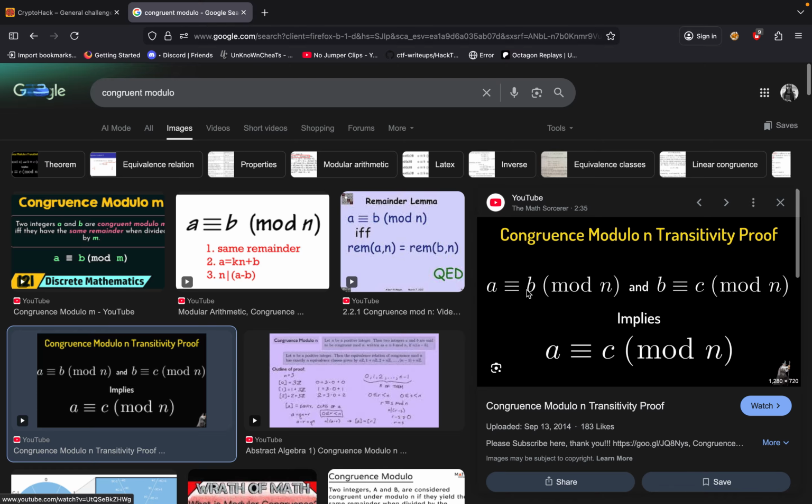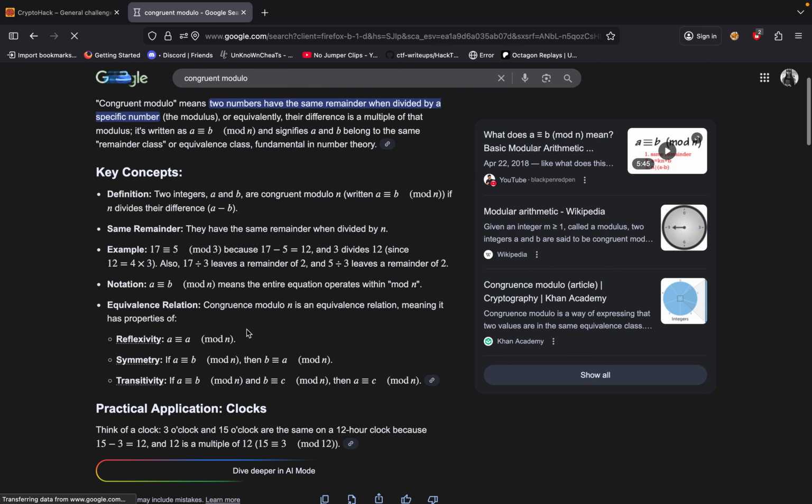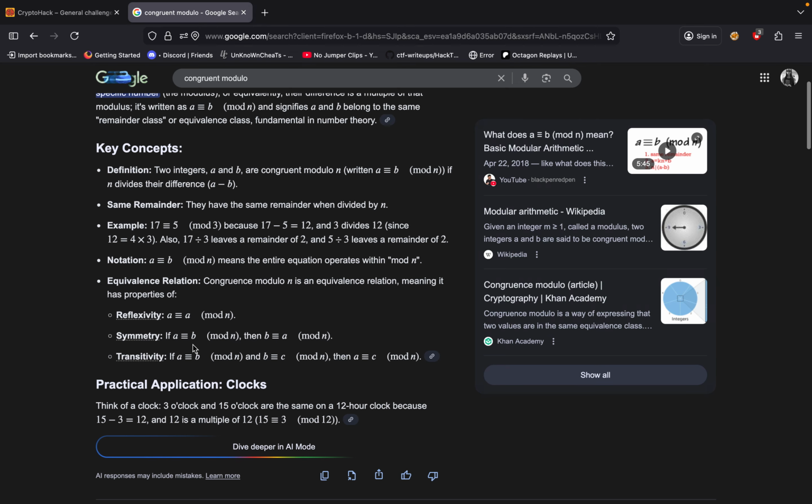If a is congruent to b mod n, and b is congruent to c mod n, then you can basically interchange the values of a. A could be c. So we could look at all the images. There's symmetry between these, in how you can interchange them. So symmetry is the one that we want to look at.